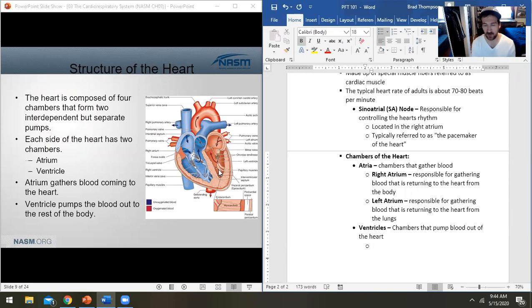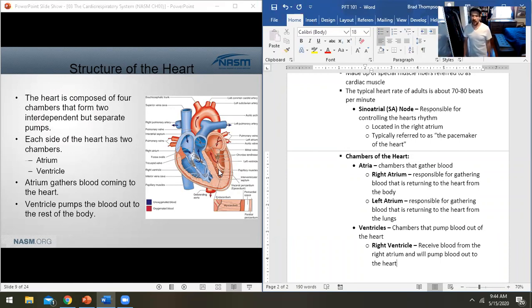So when we look at this, right, we've got our right ventricle, which is going to receive blood from the right atrium and will pump blood out to the lungs, right? So blood has returned from the body to the right atrium. Now it will drop into the right ventricle where it will then get pumped to the lungs, right?